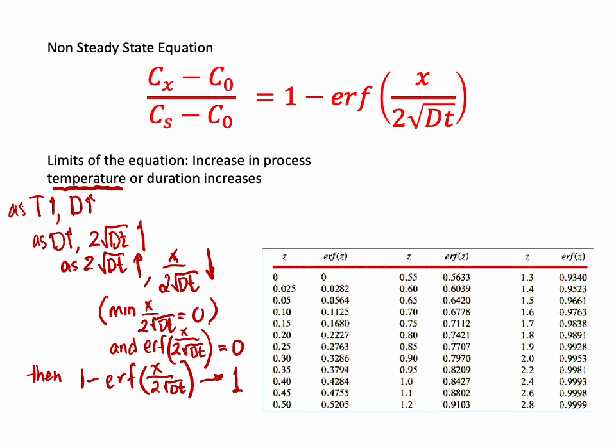Which means the only way that this quantity can equal 1 is if the numerator and the denominator are equal. So that would be where Cx minus C0 would be equal to Cs minus C0. So this is where C sub x approaches the surface concentration.